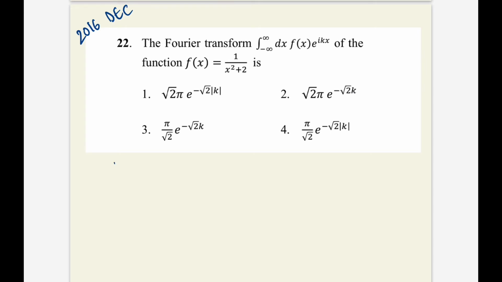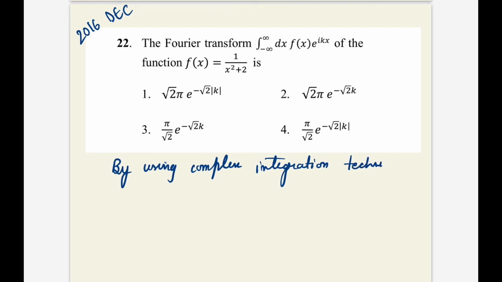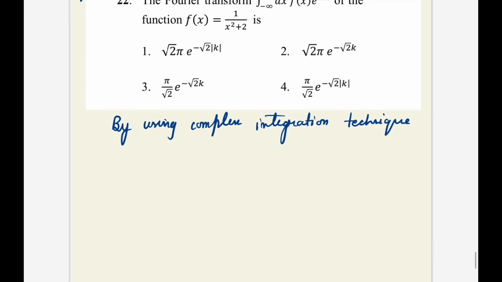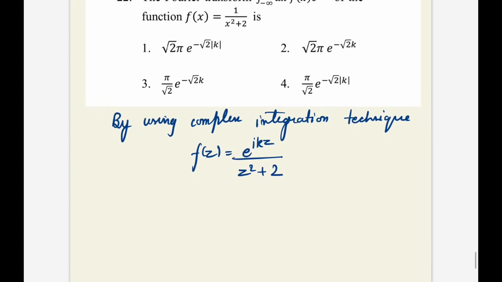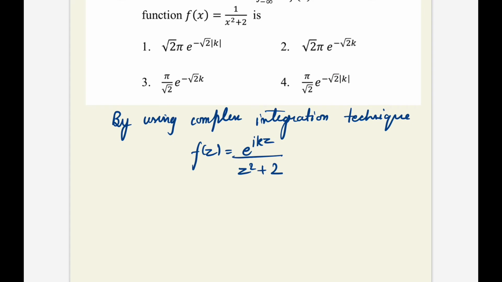So f of z is equal to e to the power i k z upon z square plus 2. Now for positive k we will choose a contour to be a semicircle, counterclockwise, in the upper half.